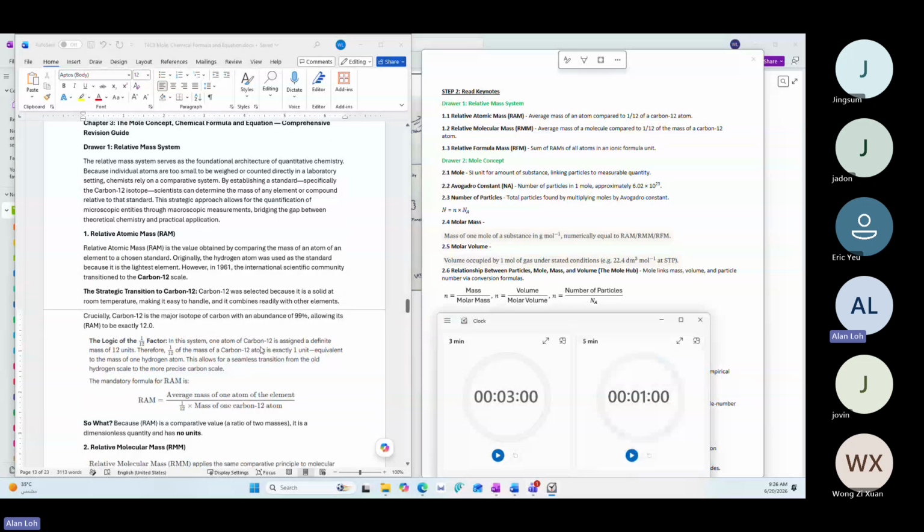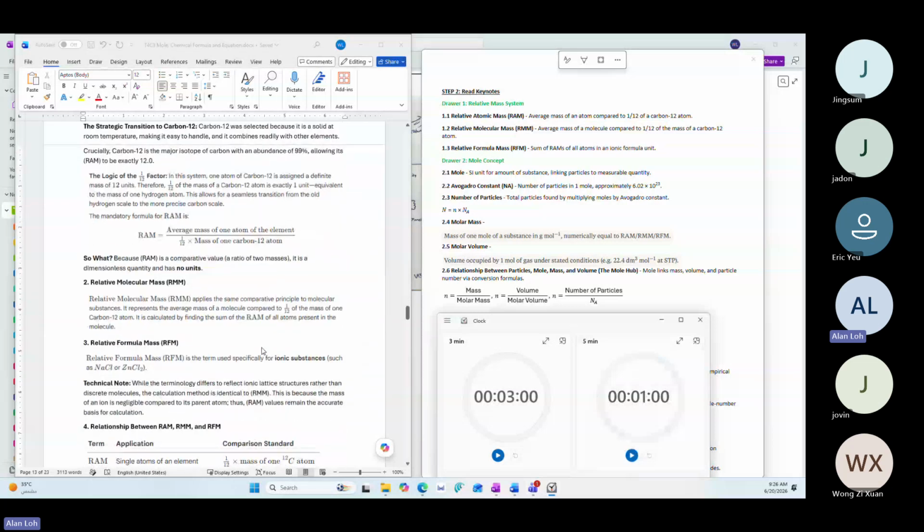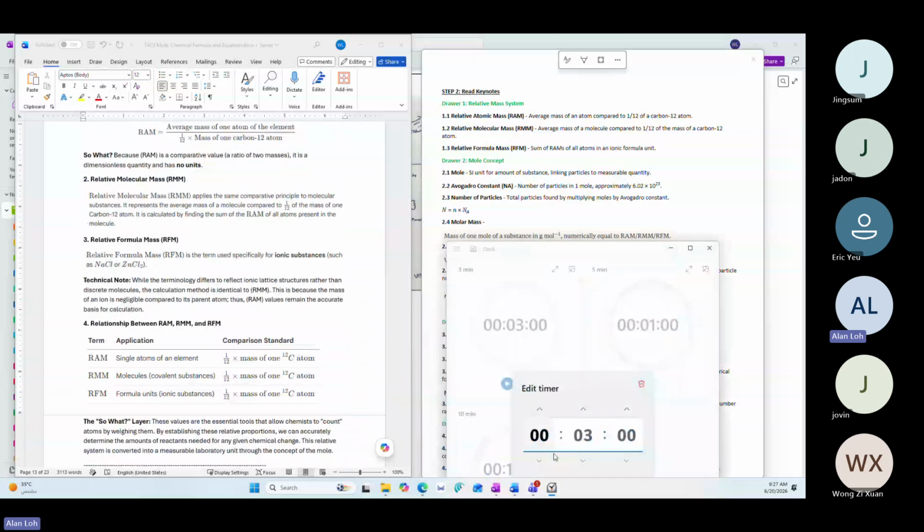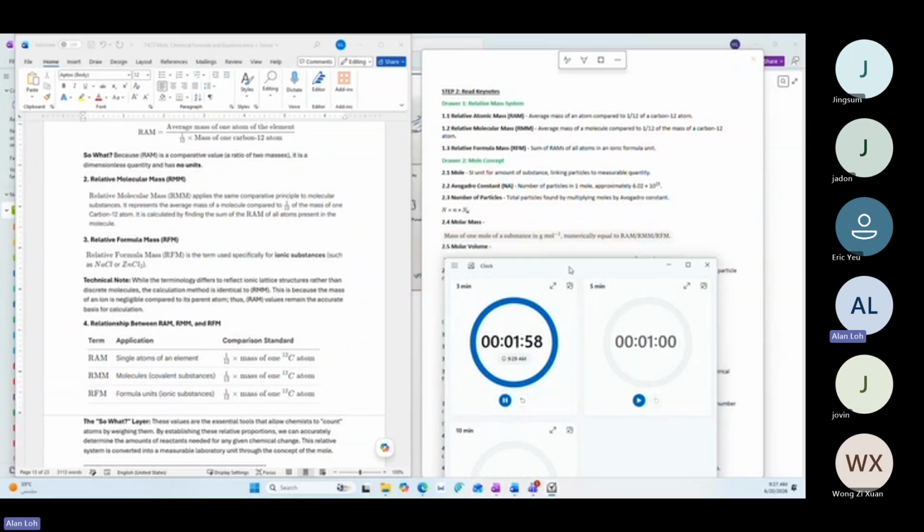All right. This is the first part of drawer 1 only. So we have the second part. Let's do 2 minutes here. Okay, let's start now.